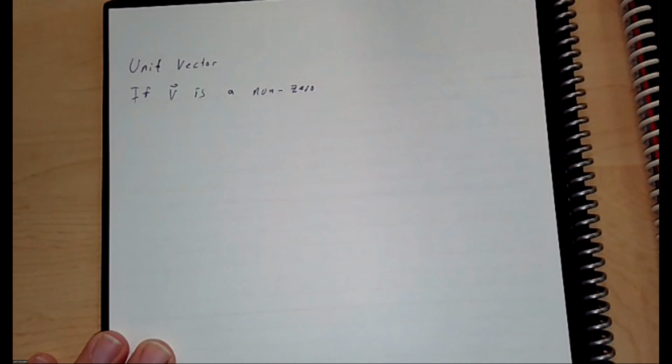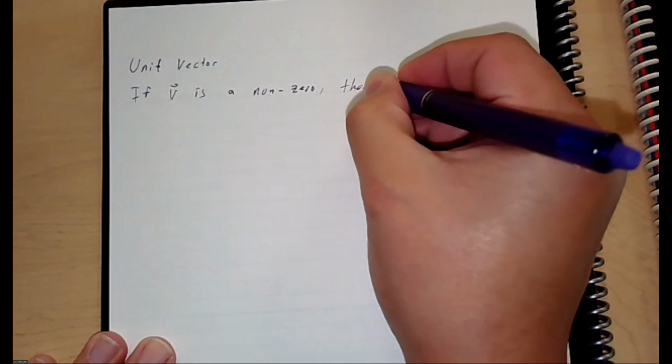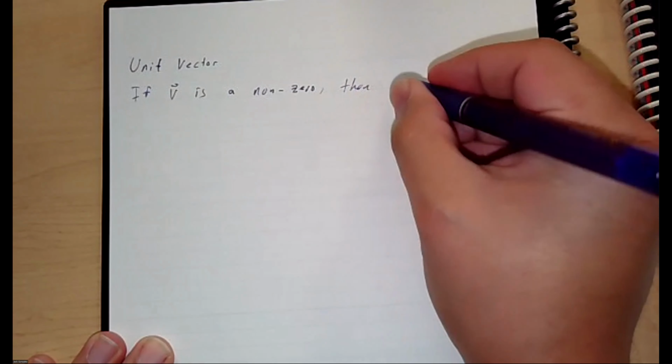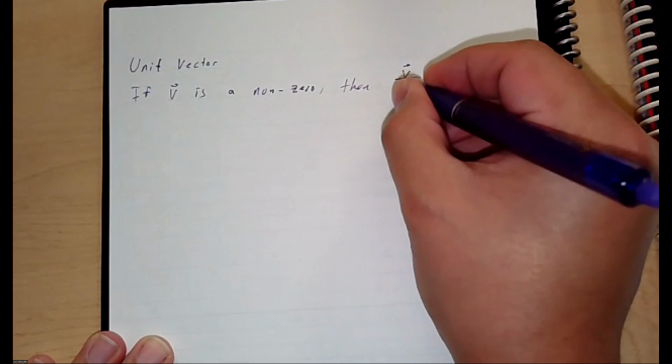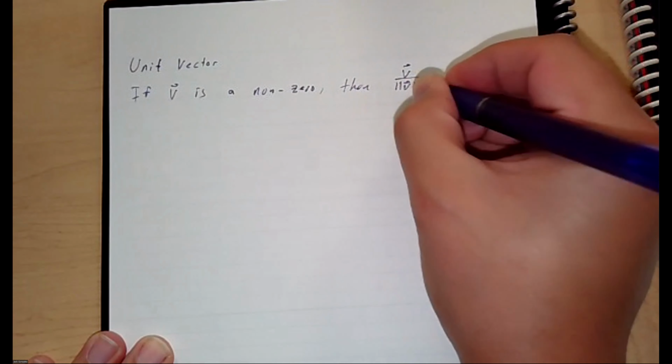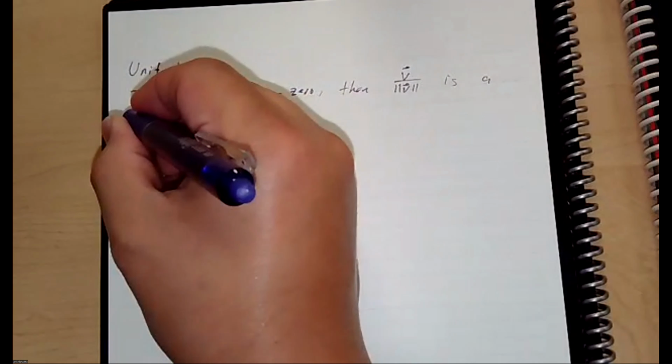If V is a non-zero vector, then V divided by its magnitude is a unit vector.